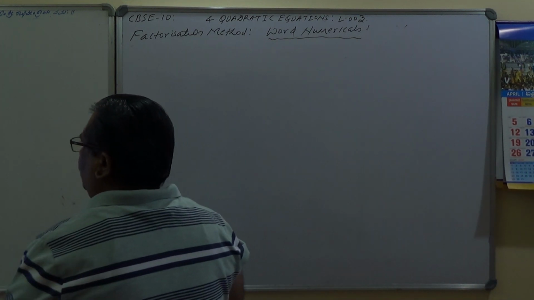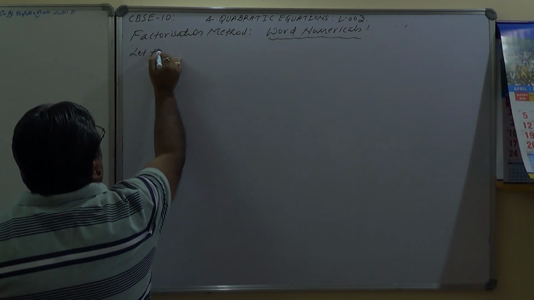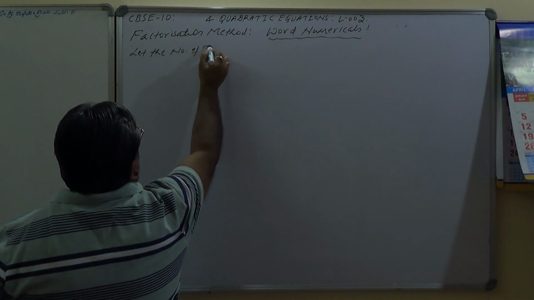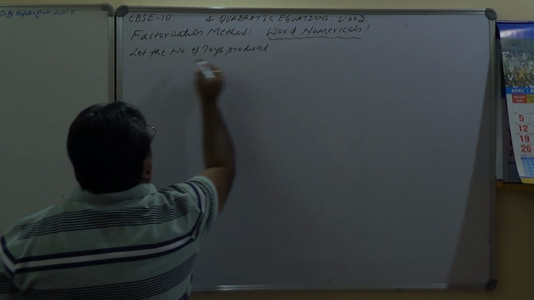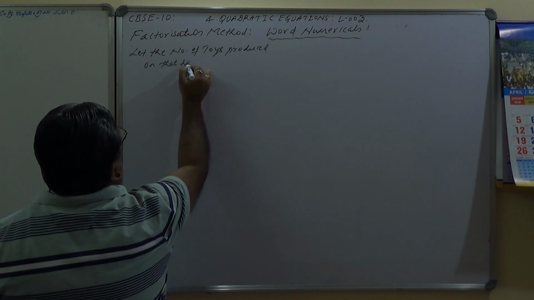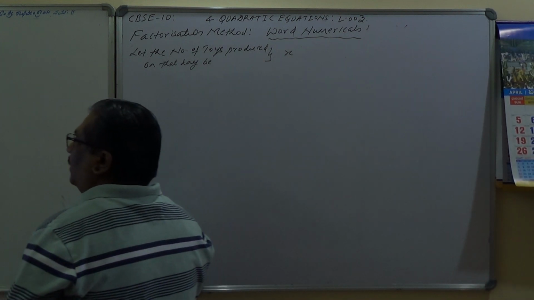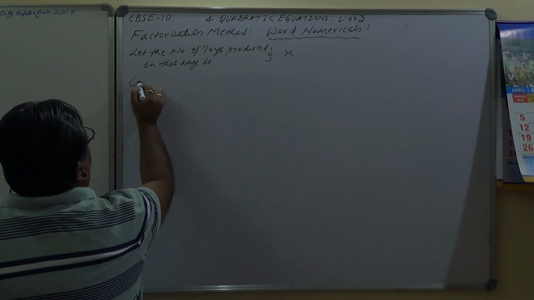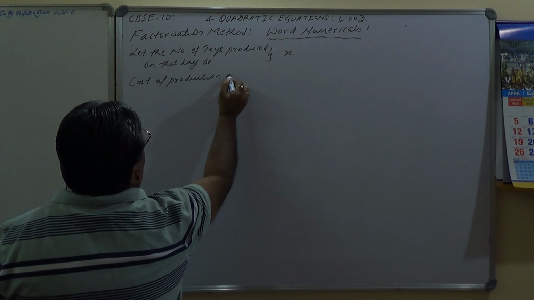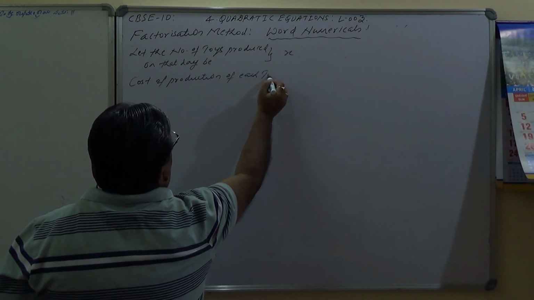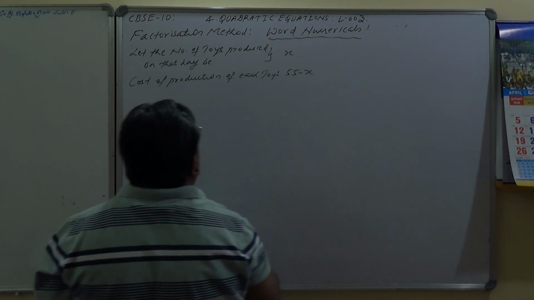Let's see here. A cottage industry produces a certain number of toys in a day. So let the number of toys produced on that day be X. Cost of production of each toy will be 55 minus X. It is given already.